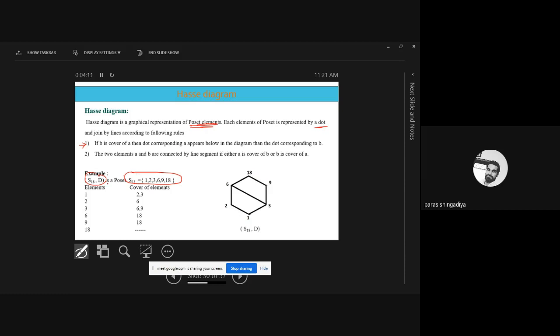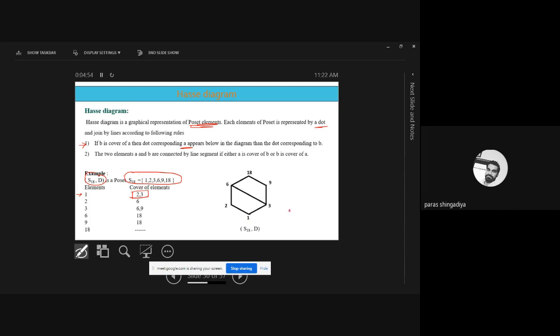Start with the first entry, that is 1, and its cover elements are 2 and 3. 2 is a cover element of 1, so the dot corresponding to 1 appears below the dot corresponding to 2. That means the place of 2 should be above the place of 1, because 2 is the cover element of 1.